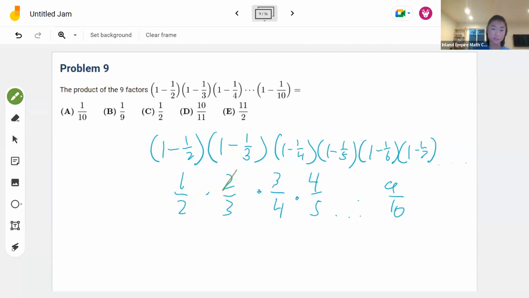We just cross cancel these numbers out. 2, 3, 4, and so on. And we can see that this will keep going until we hit 9, right? 9 will get cross-canceled with 8/9, and the 8 will get cross-canceled with the other ones. So what we're left with is only the numbers 1 and 10. So that'll be our answer. Our answer is going to be 1/10.